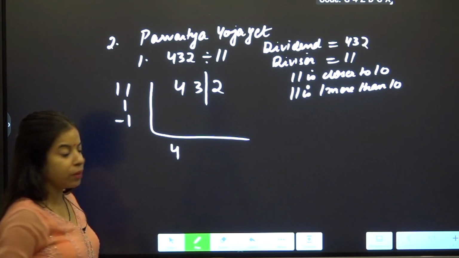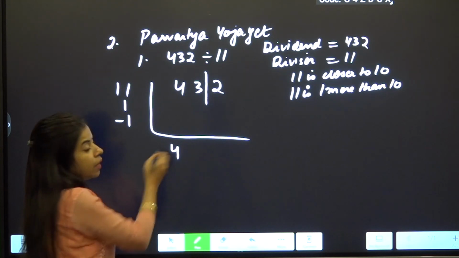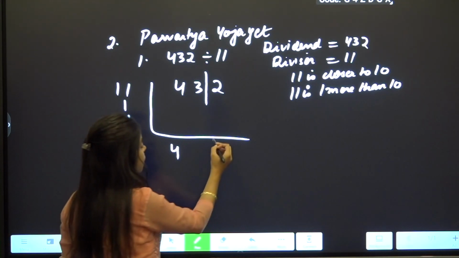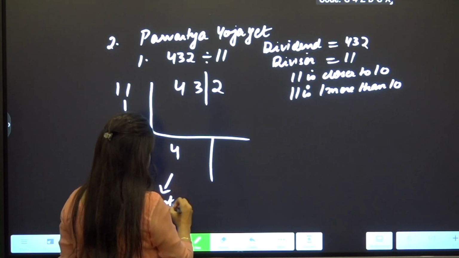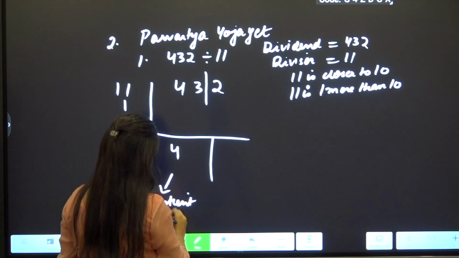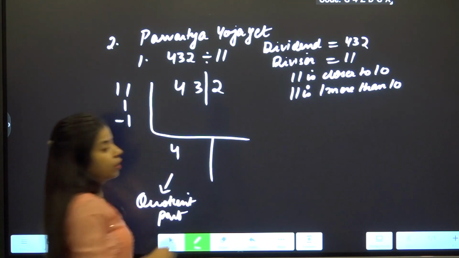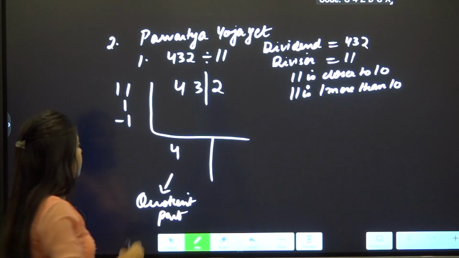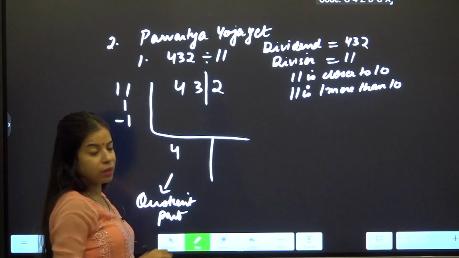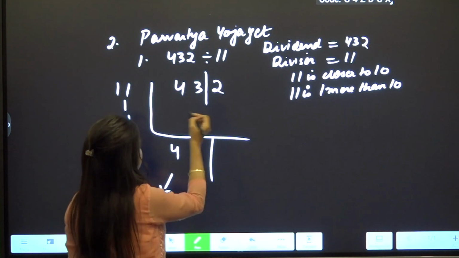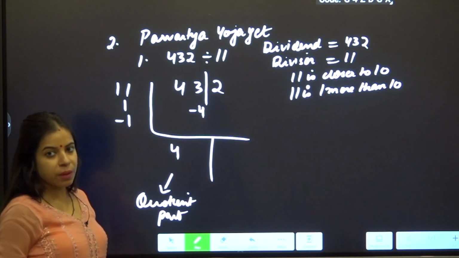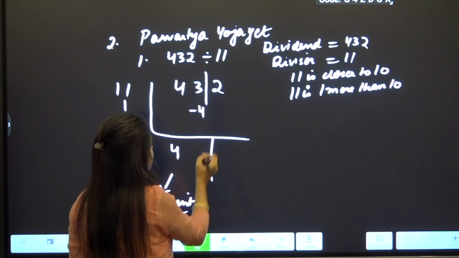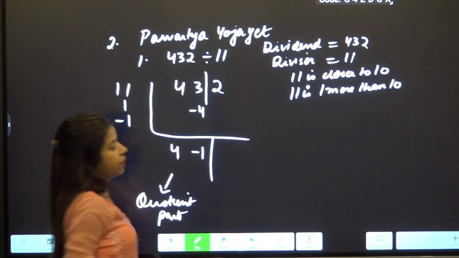For the next step, we are going to multiply the first digit of the quotient part with the new complement, which is minus 1. So, 4 into minus 1 is minus 4. We are going to add this. This will become 3 minus 4, which is minus 1.